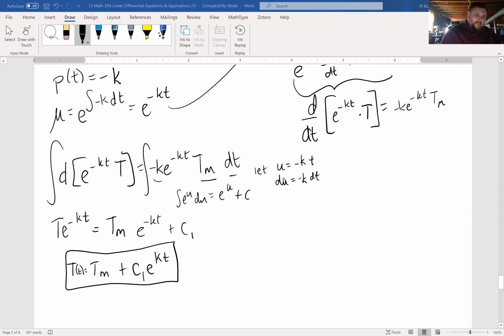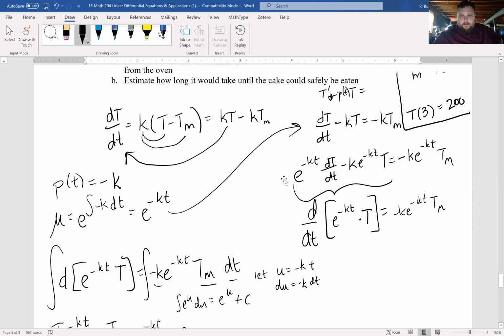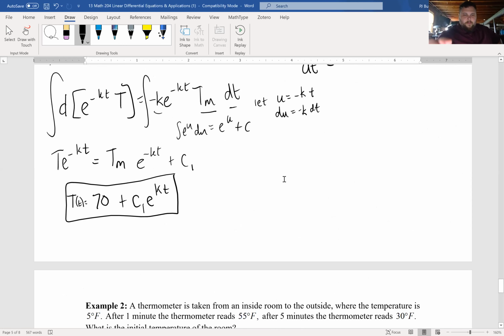So we're told that Tm is 70. Then it tells us that when little t is 0, the temperature is 300. So 300 equals 70 plus C1 e to the k times 0.